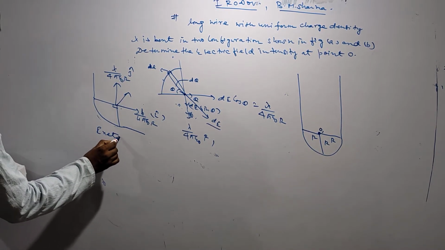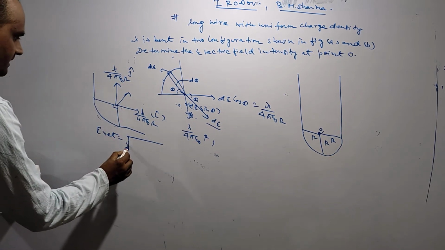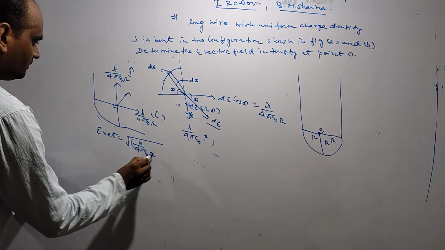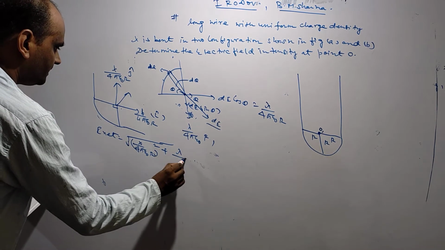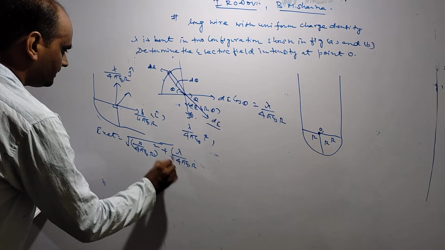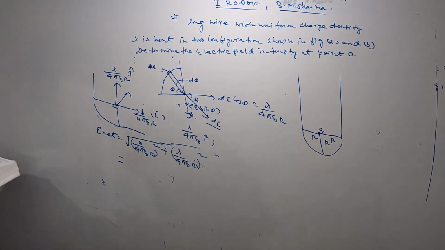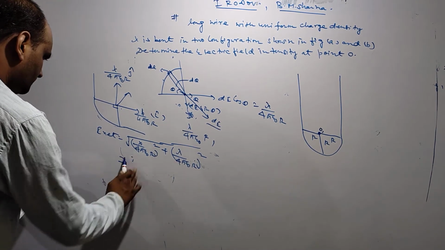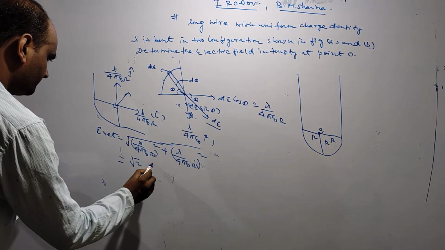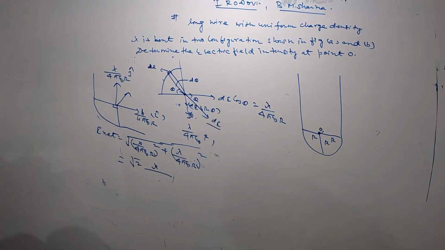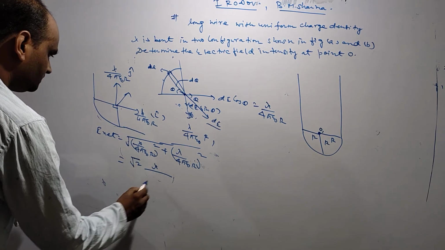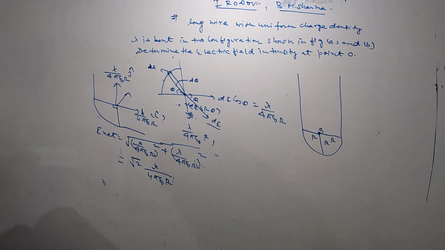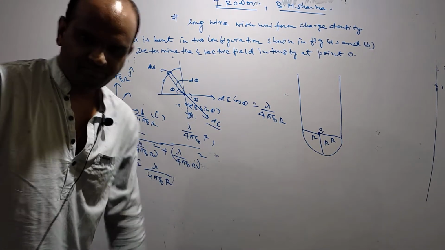So E net, because it is perpendicular, we can write the square root of lambda by 4 pi epsilon naught r whole square plus lambda by 4 pi epsilon naught r whole square, and the final result we have root 2 lambda over 4 pi epsilon naught r. So this is your answer due to the first configuration.